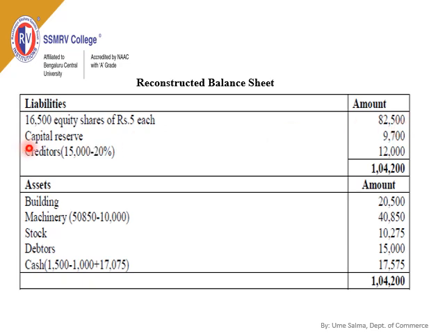Next, capital reserve. This amount we have arrived at after the balance left out, doing all rearrangements. So it is now 9,700, which we had already transferred towards the capital reserve account. So we are showing this in the balance sheet. Creditors.